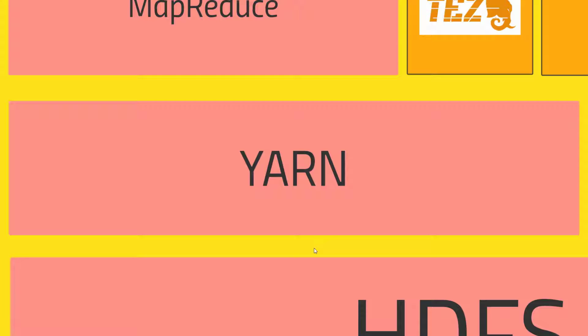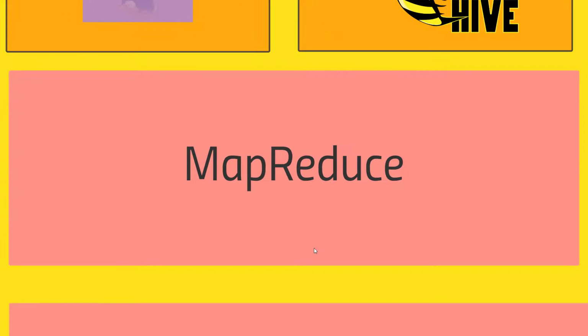Now, given that we have this resource negotiator, we can build interesting applications on top of it. And one of them is MapReduce, which again is a piece of Hadoop proper. MapReduce, at a very high level, is just a programming model that allows you to process your data across an entire cluster. Let's break that down. It consists of mappers and reducers.